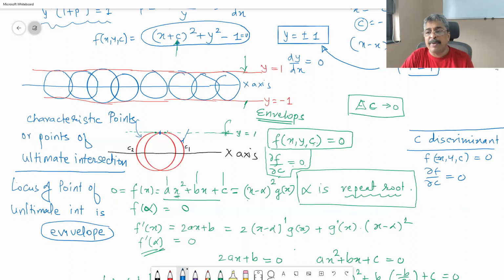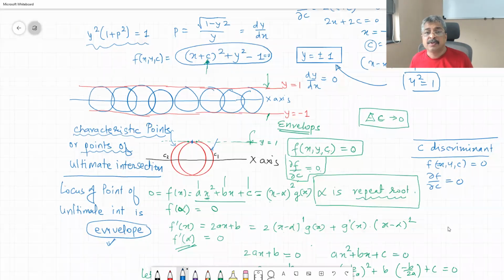As you make the difference between those two values lesser and lesser, in the limiting case, this point of intersection is called the point of ultimate intersection or characteristic point. And the locus of these characteristic points or ultimate intersections is called the envelope. So the envelope is a very special curve in the case of solutions of a differential equation.